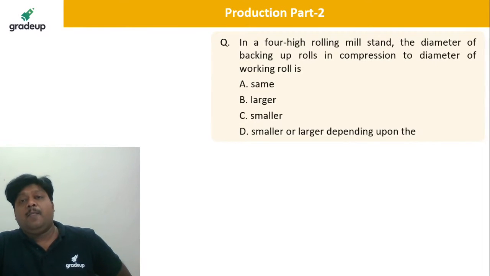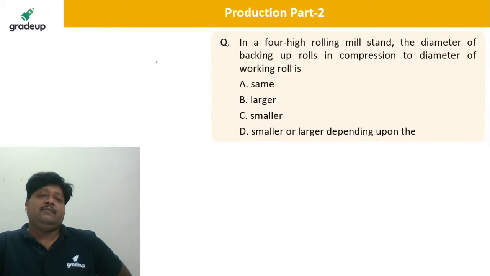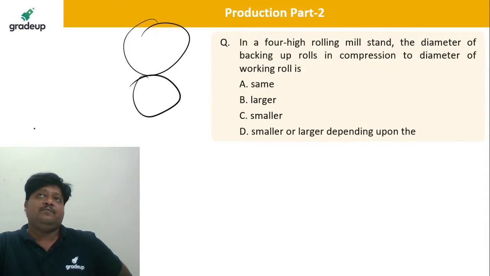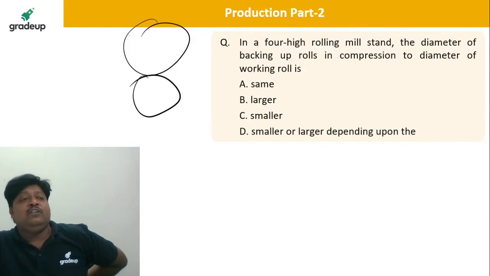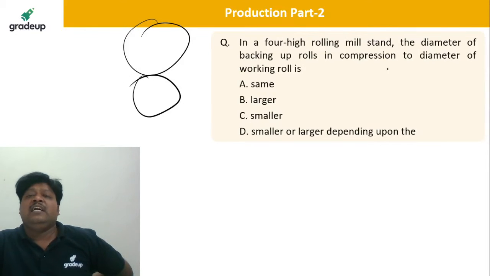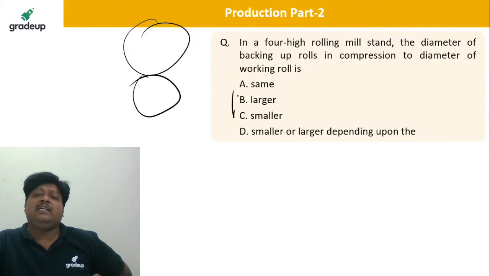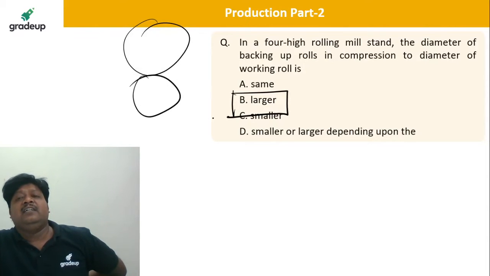Yes. In 4 high, again, the same 4 high. The setup shown is a 4 high reversible rolling mill. Of course, just now we have discussed, no more discussion, the backup rollers are larger than the driving rollers.